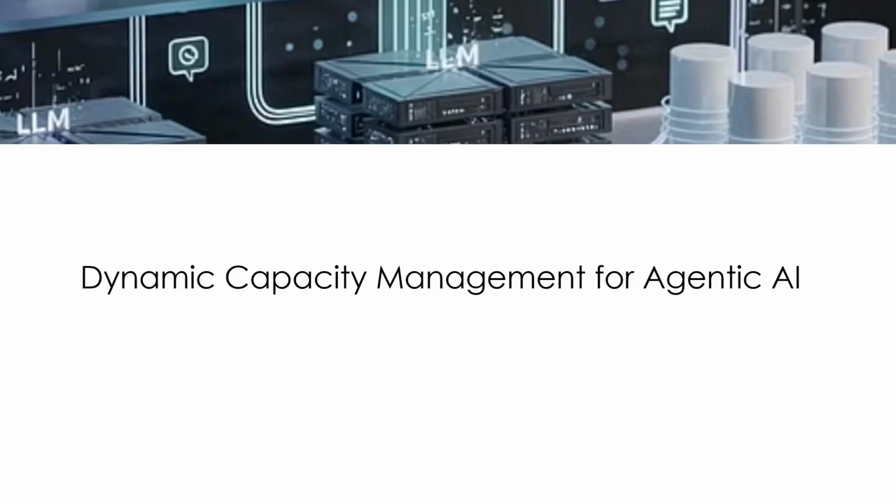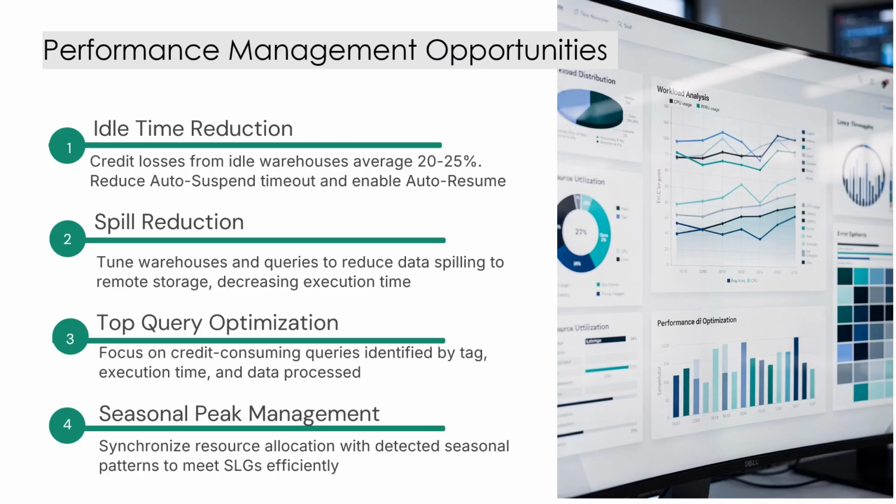Or you can manage seasonal peaks by allocating corresponding resources proactively. Another performance management opportunity is to change workload management parameters and resource allocation rules. All these deliver measurable savings quickly.